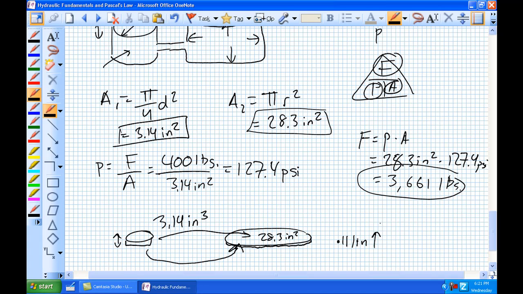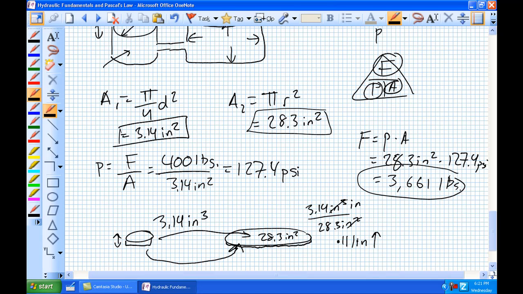Okay, you get it? Get how I did that? 3.14 inches cubed divided by 28.3 inches squared. The inches get removed, so you're left with 1 inch. So it only goes up 0.11 inches.